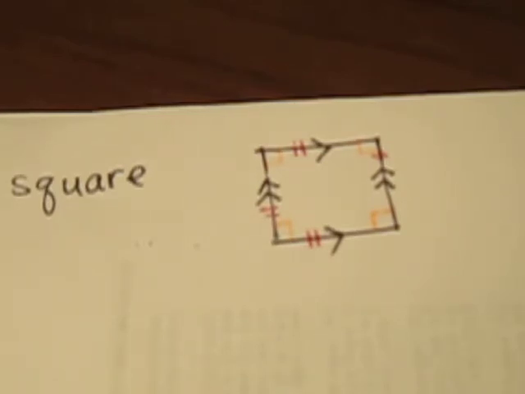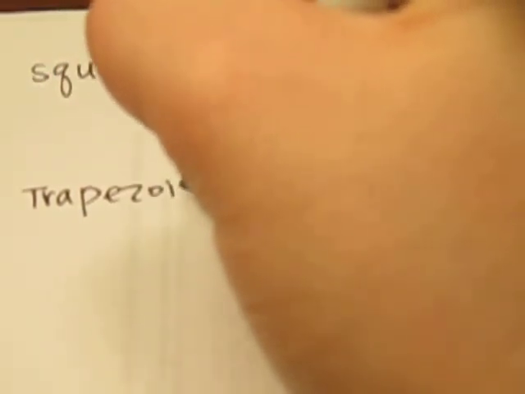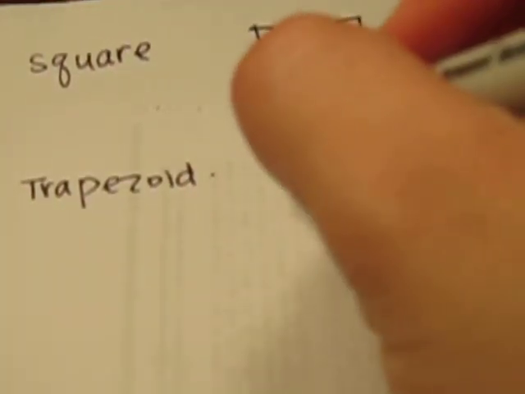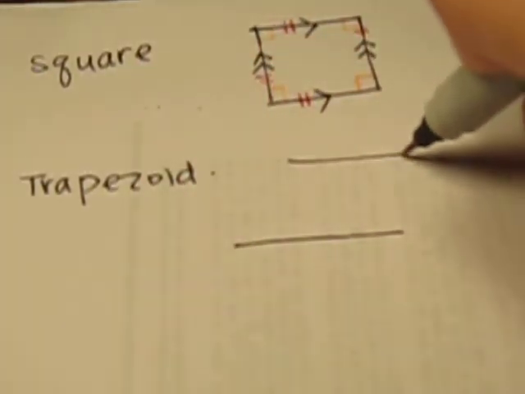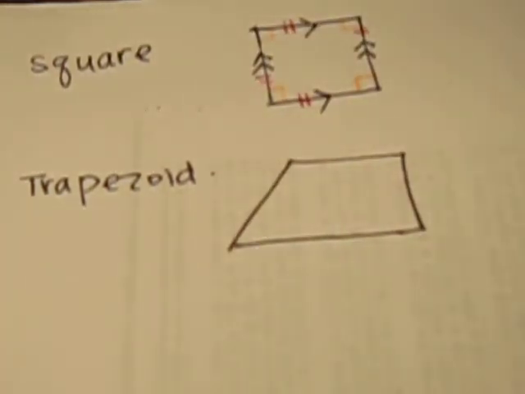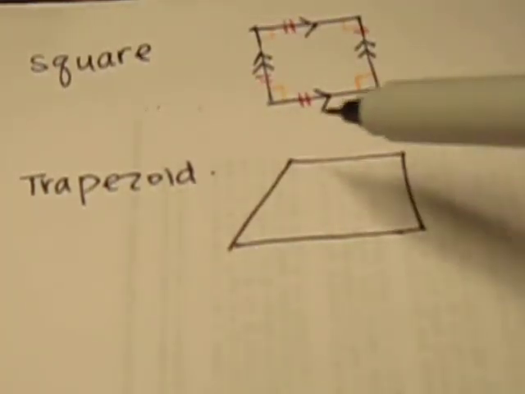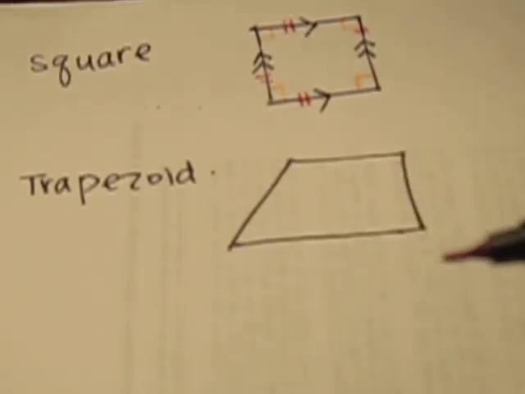Okay, the last quadrilateral that we need to cover is the trapezoid. A trapezoid looks like this. The trapezoid does not have two pairs of parallel sides like we've been seeing with the parallelograms and the other quadrilaterals.